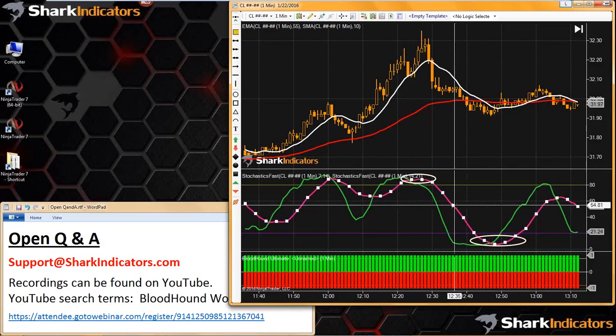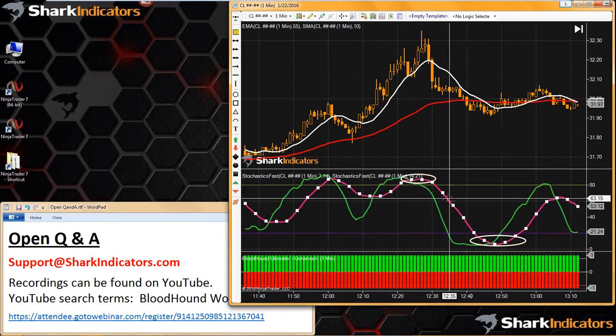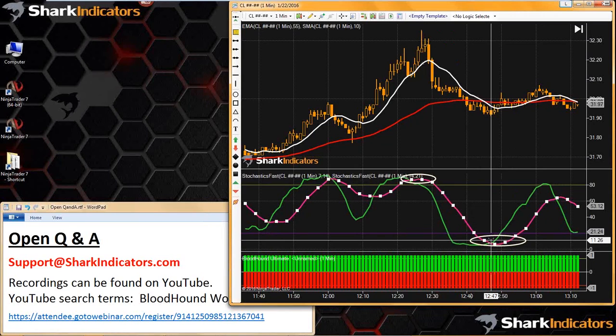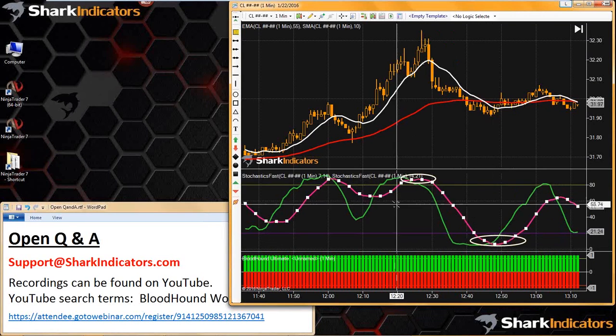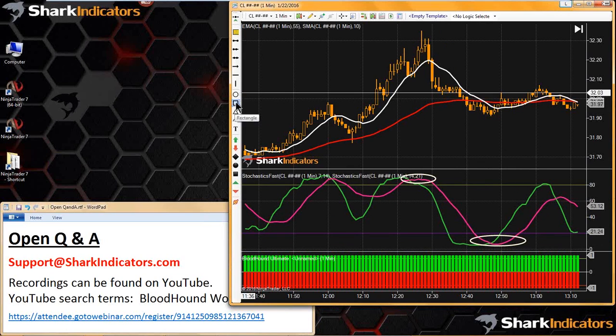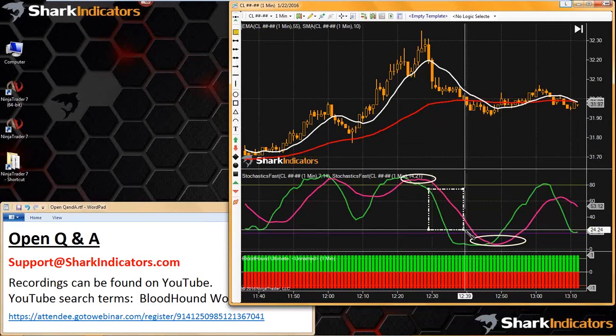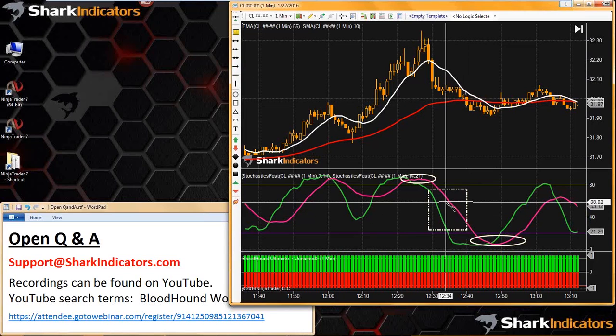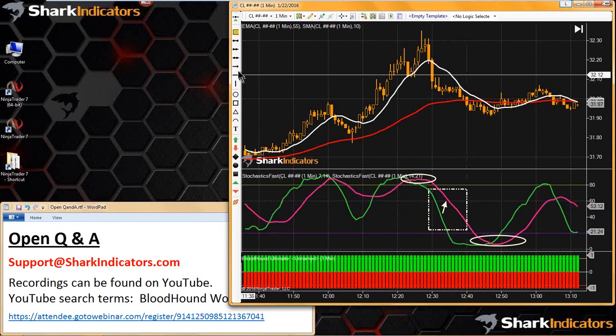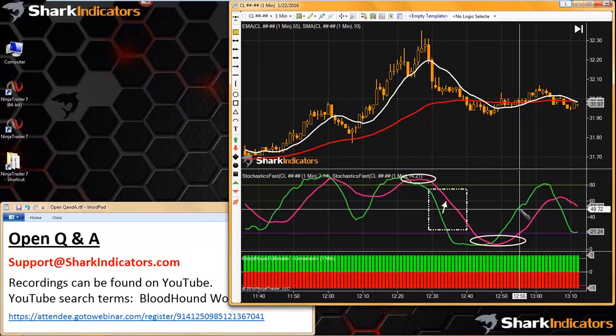Right when the red line is in the overbought or oversold situation, right? That's condition A. And then separately, condition B is kind of like this area here, where we're looking to see if one stochastic is above or below the other stochastic. All right, so two separate conditions.